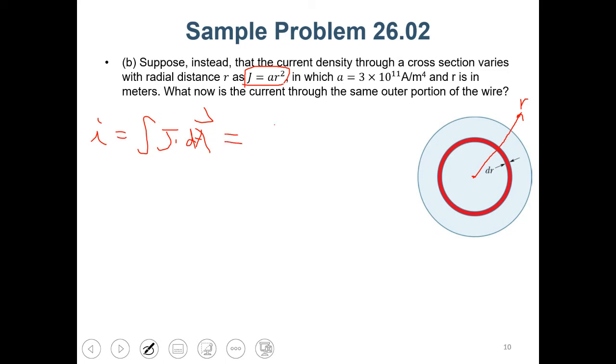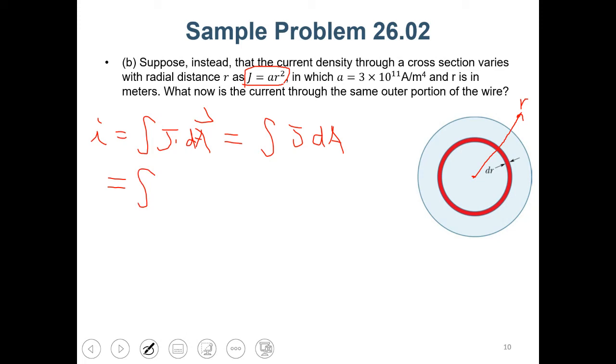But actually, it's a cylindrical wire, so the current density should have the same direction as dA, which means that we can write it as J dA.